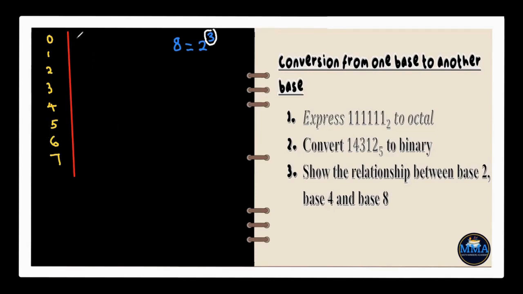I'm going to put 3 zeros here because of this power 3. I'll put 3 zeros. Now, I will divide these 8 numbers into 2. This is 1, 2, 3, 4, 5, 6, 7, 8.